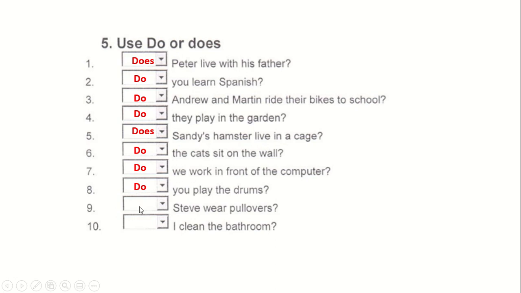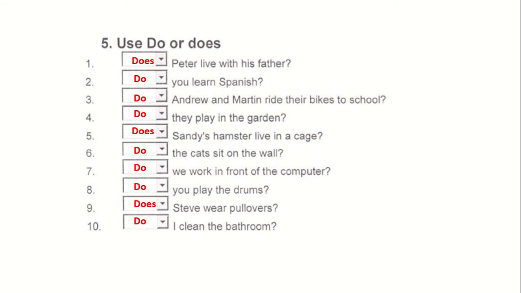Number 9, Steve wear pullovers. Steve, singular. Excellent. We use does. And finally, number 10, I clean the bathroom. Who is the subject here, or what is the subject? It's I. With I we use, very good, do.